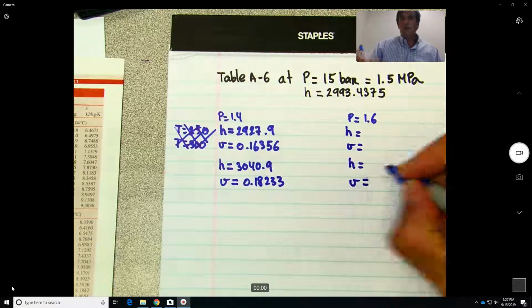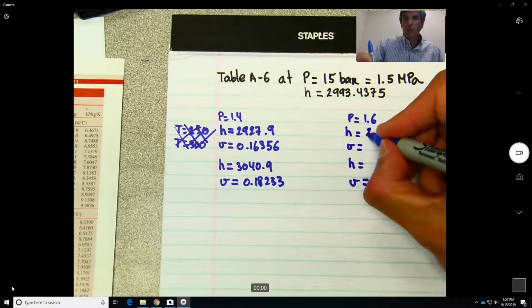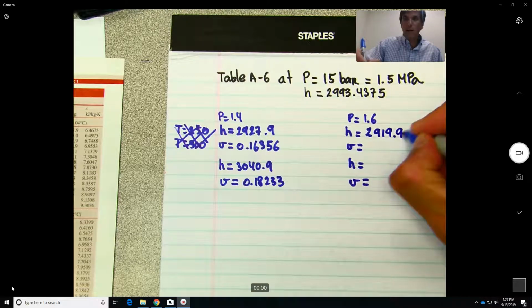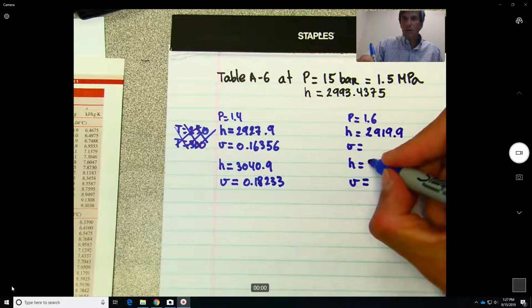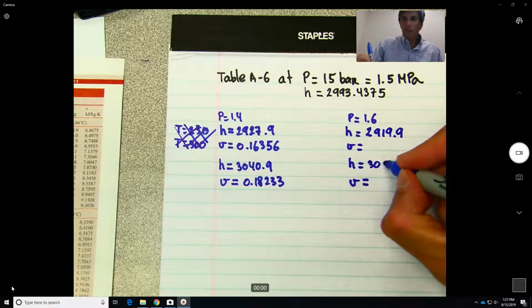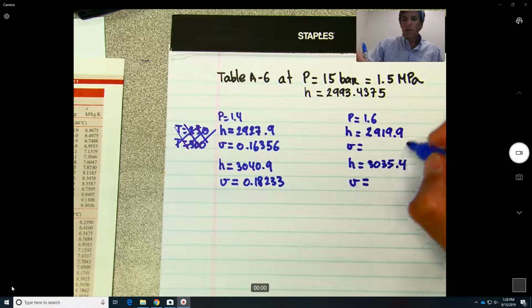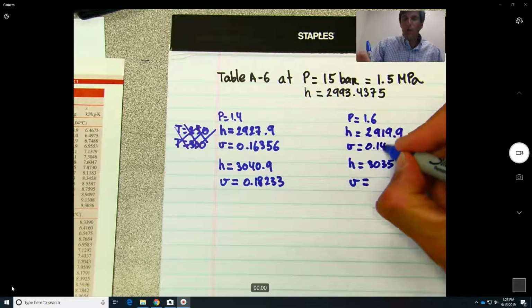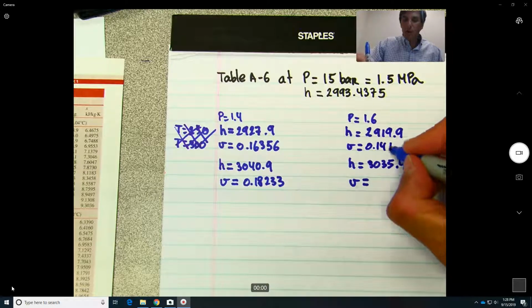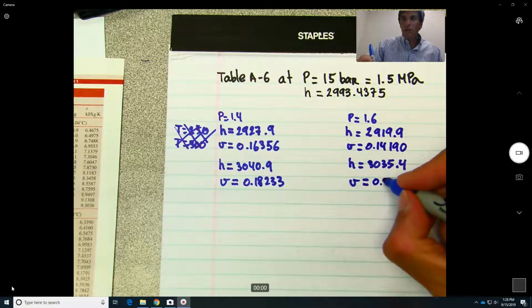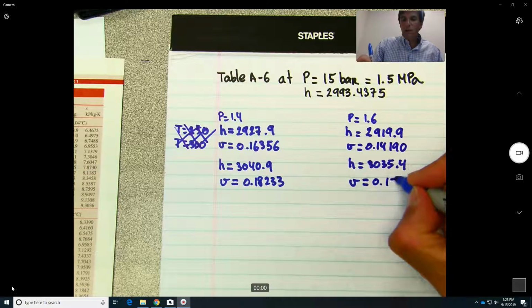HV. We do the same thing at 1.6, we get 2919.9, 3035.4, 0.141980, and 0.15866.